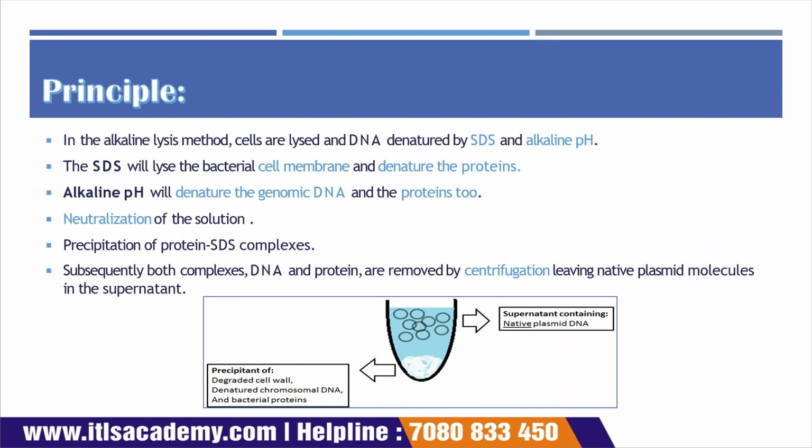Okay. Now, the principle in the alkaline lysis method: the lysing of the cell occurs by using SDS and alkali, and also the DNA present in it is denatured by using SDS and the alkaline pH. SDS lyses the bacterial cell membrane and also denatures the protein present in it.